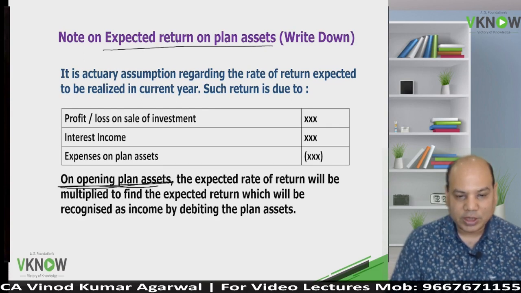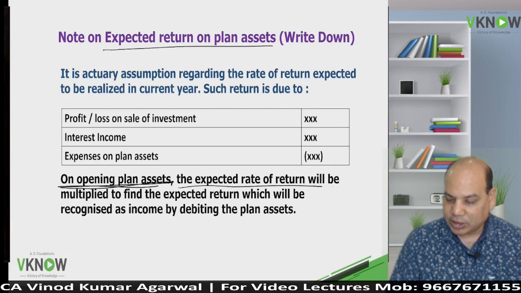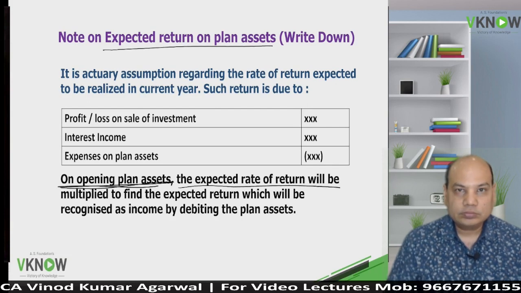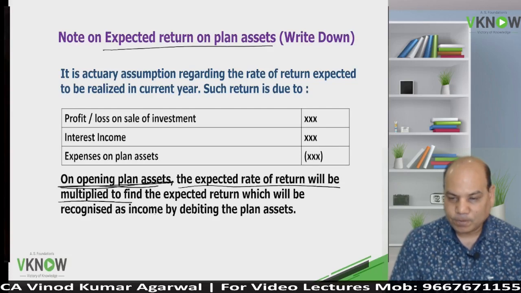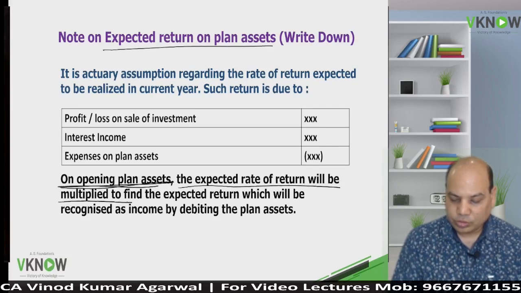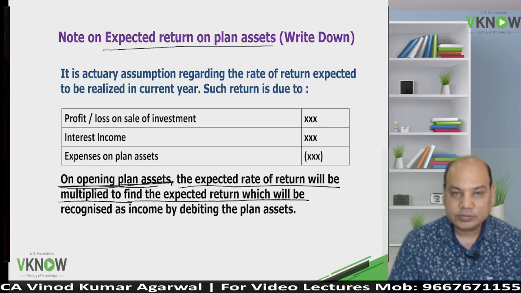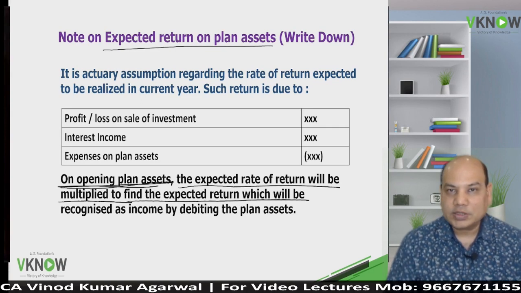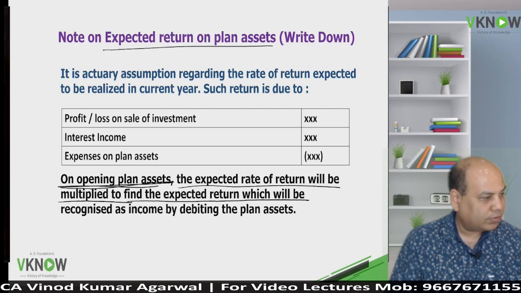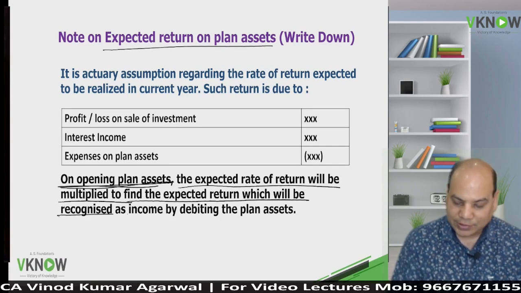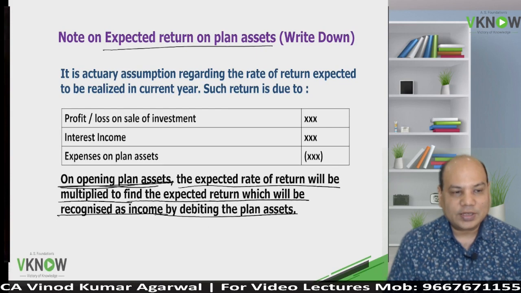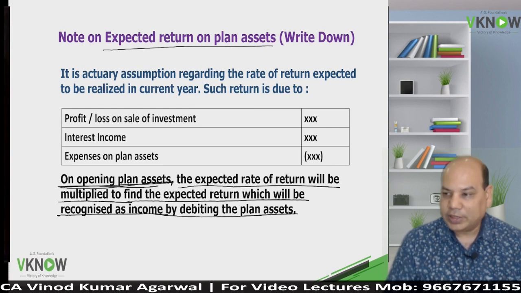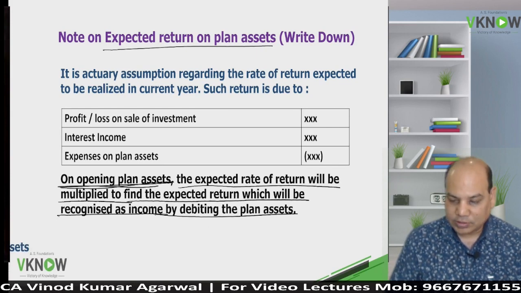On opening plan asset, the expected rate of return will be multiplied to find the expected return, which will be recognized as income by debiting the plan asset.